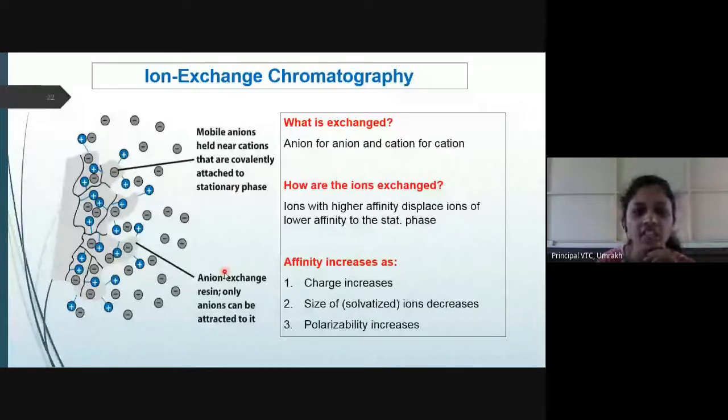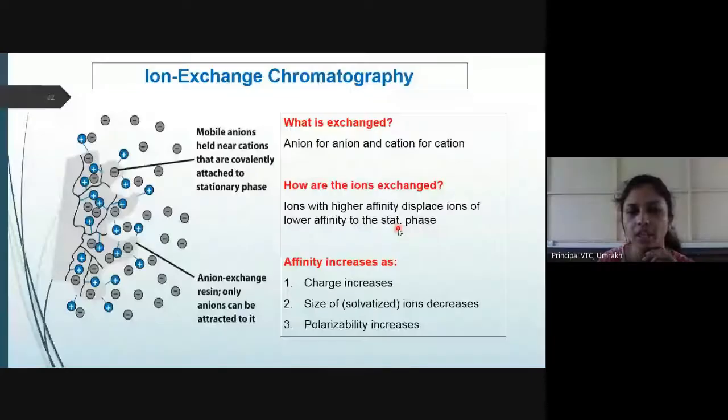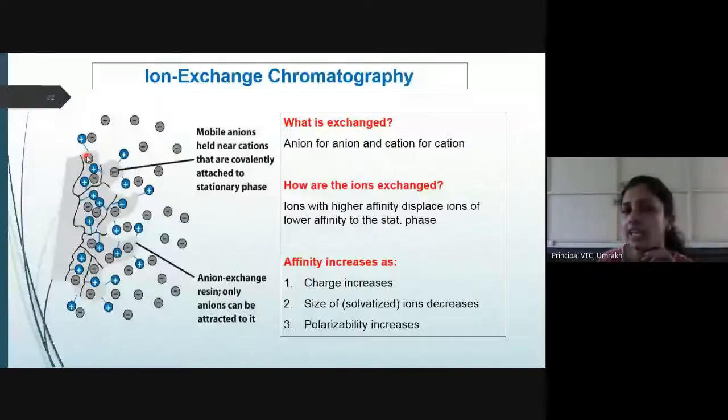This is an anion exchange resin, on which only anions can be attracted; cations cannot be attracted because the resin is bonded with cations. Now the sentence written here is: ions with higher affinity displace ions with lower affinity at the stationary phase.